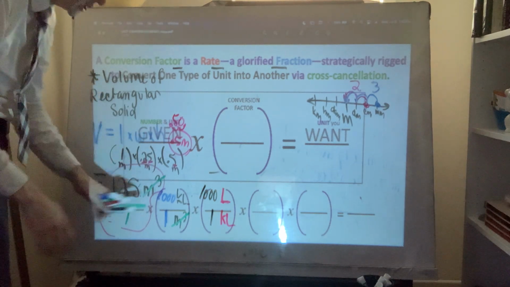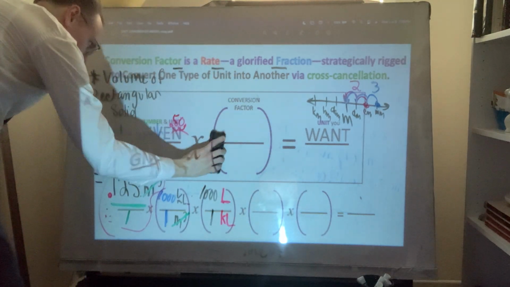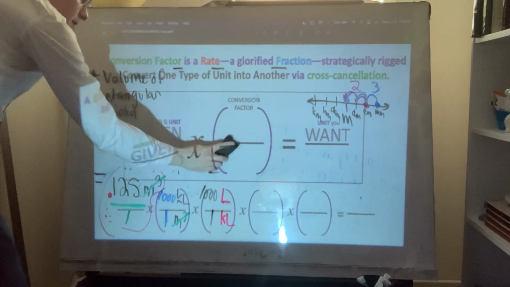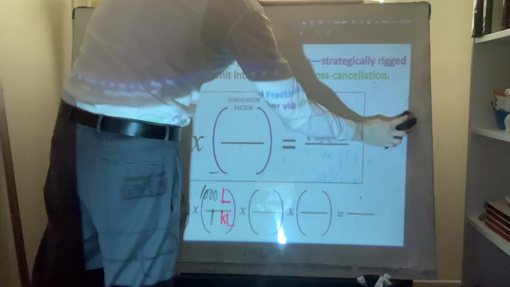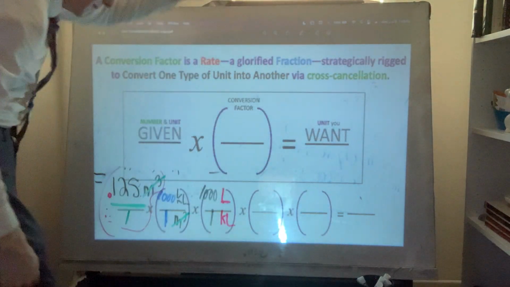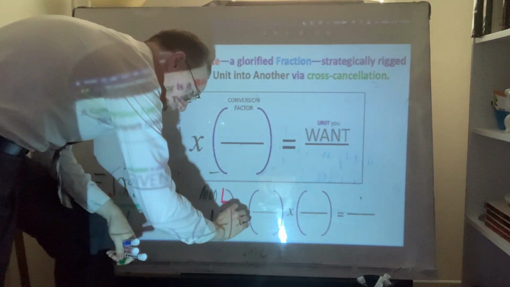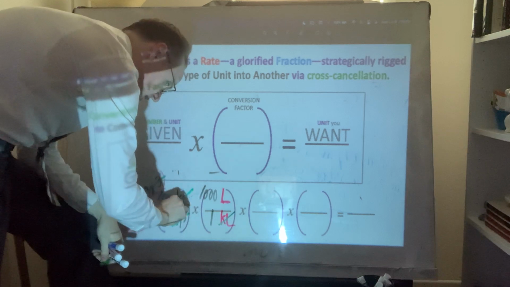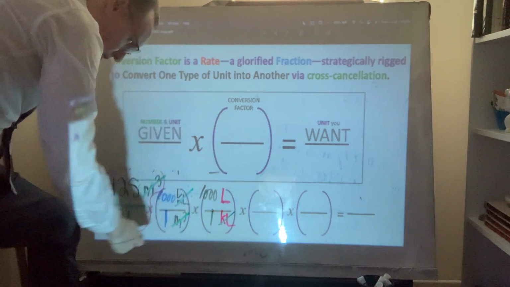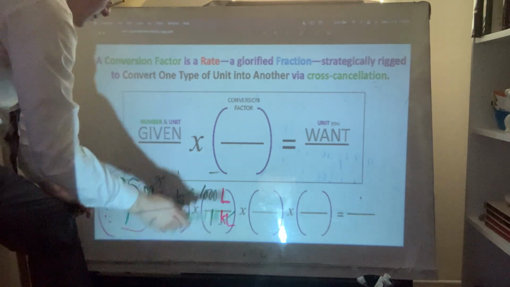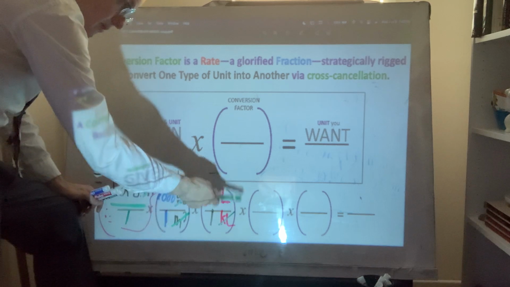So if I rig the machine this way, I'll just try to make this a little less distracting by erasing this. I get the satisfaction once again of canceling out kiloliters, this unit and this unit. Always one above the line, one below the line, not next to each other. That means that I'm going to multiply by 1,000, and then I'm going to essentially multiply by 1,000 again.